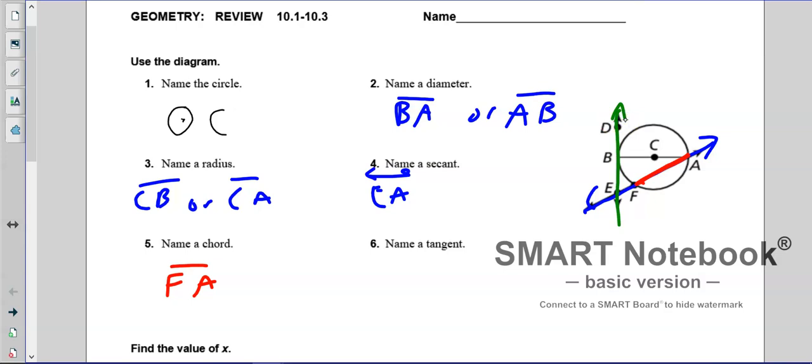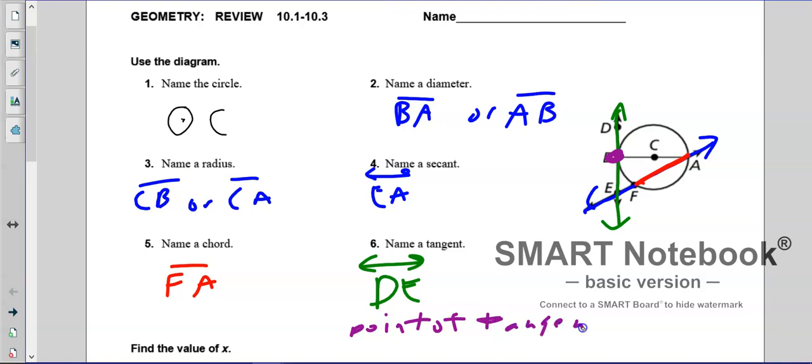We call that DE or ED, doesn't matter, with arrows over it, because it is a line. It goes on and on. It did not ask this, but it asked for the point of tangency. That would be B. So let's just write that in for the heck of it. Point of tangency is point B.